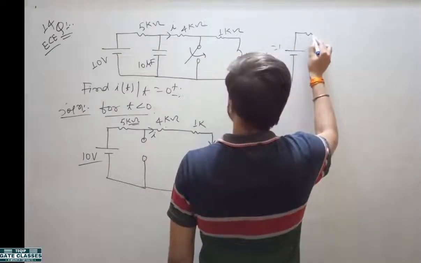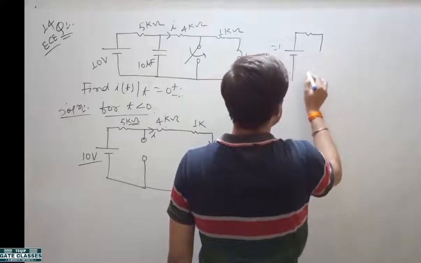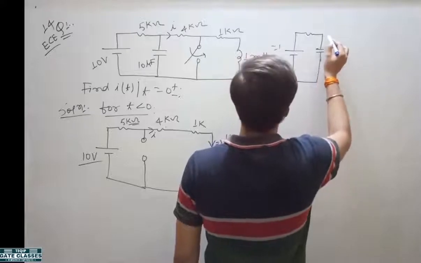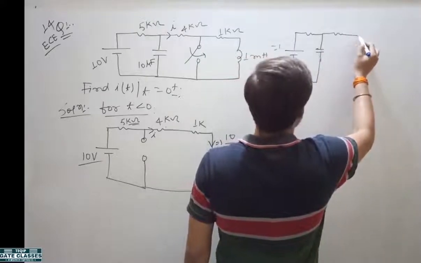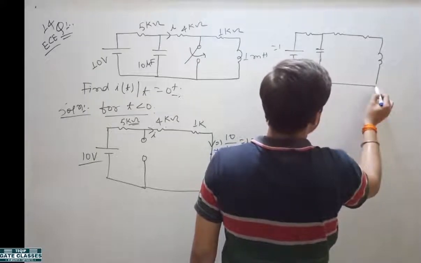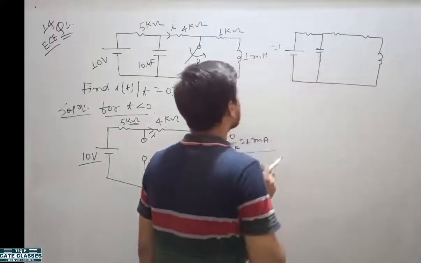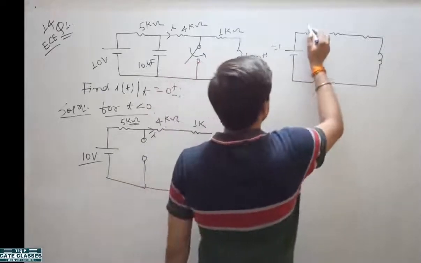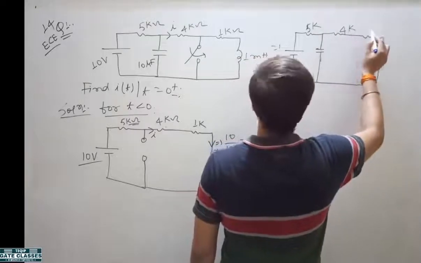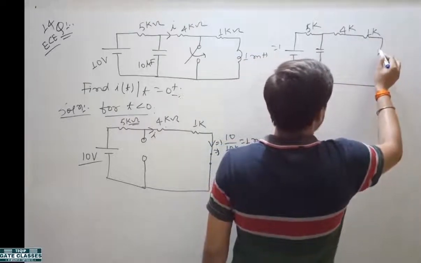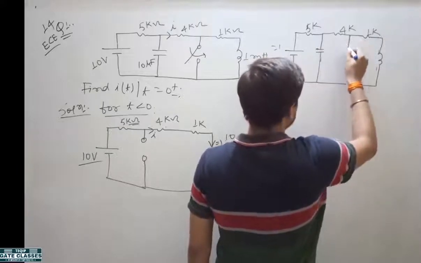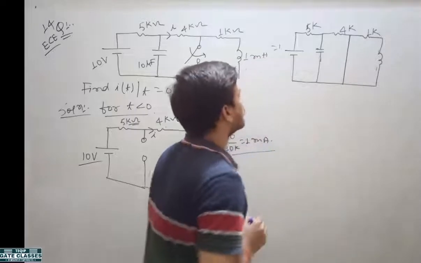Now the capacitor will come into effect. 5k, 4k, 1k, and this is the inductor. Now we'll have the path of current like this.